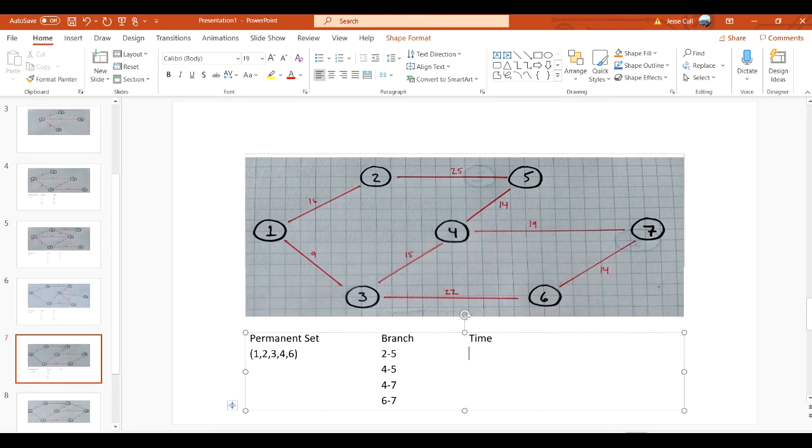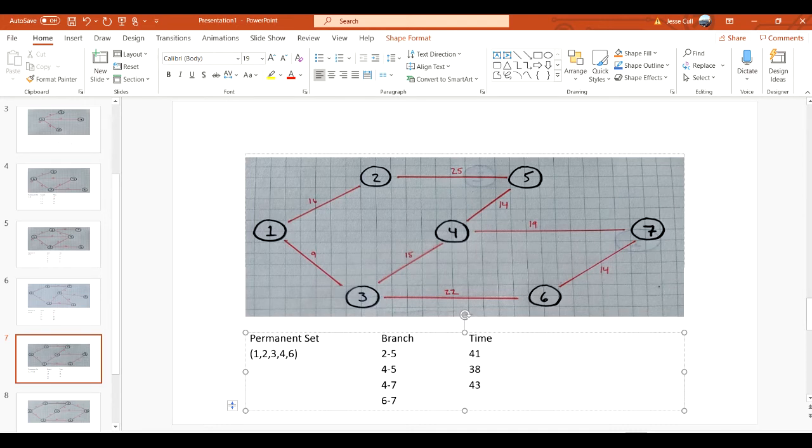So if we go 2, 5, 16 plus 25 is 41. If we go 4, 5, which is 1, 3, 4, 5, is 38 minutes. 4, 7 is 1, 3, 4, 7, and that's 43 minutes.